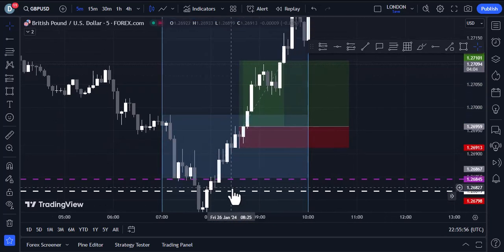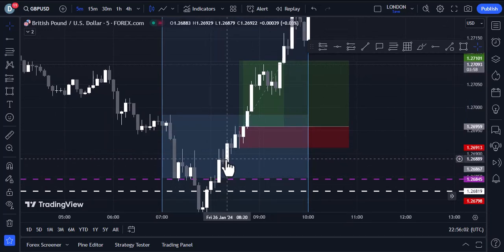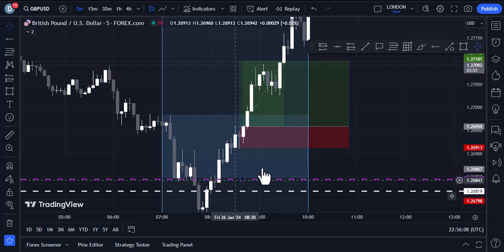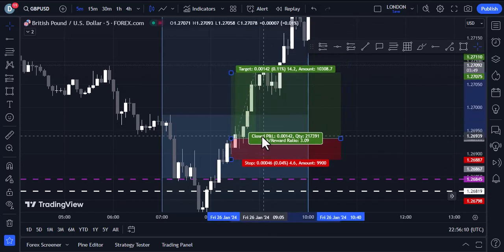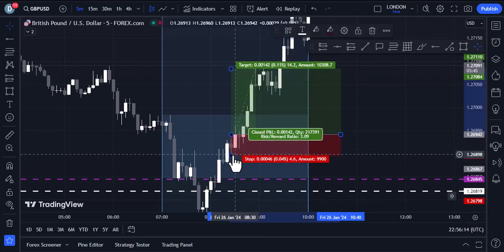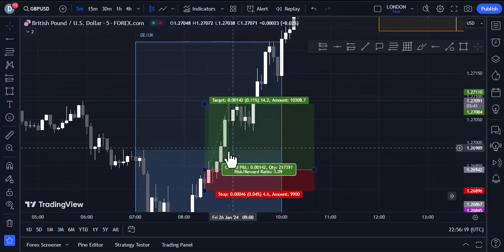Even if you miss this, maybe you're scared, you're skeptical, okay, maybe it's not really a buy. You see this again, come on, by the third time you should be convinced that price is moving to the upside, and then just join. All right, just take the risk. It's 1%. Just take the risk, see what happens. All right, and then we go for the full 3%.